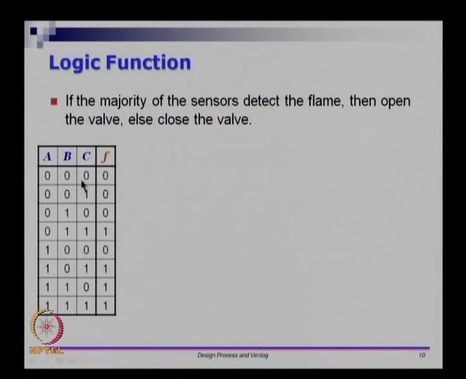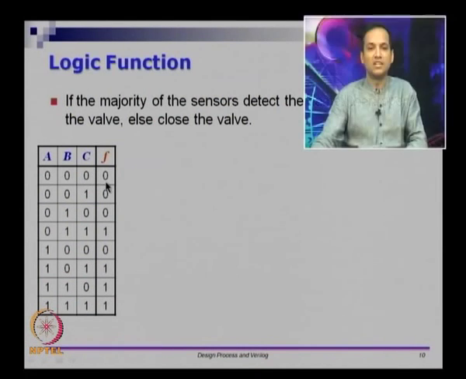If I look at the 3 inputs, and all 3 sensors say that there is no flame, then I can conclude that there is no flame, and I have to shut off the valve. If all of them say 1, then the majority is saying 1, so it is 1. Look at the other entries. Let us look at the entry 0 1 0. 2 sensors are not detecting the flame, 1 sensor is detecting the flame, which means there is something wrong in this system.